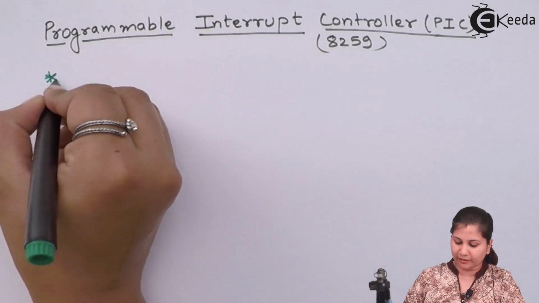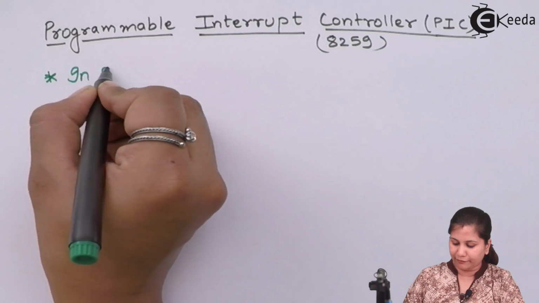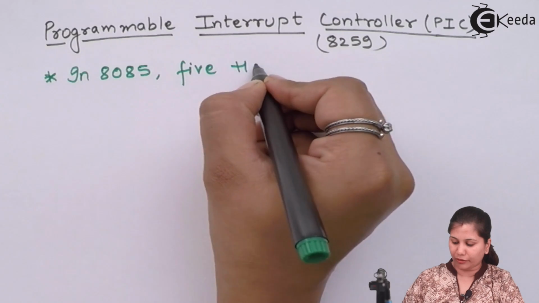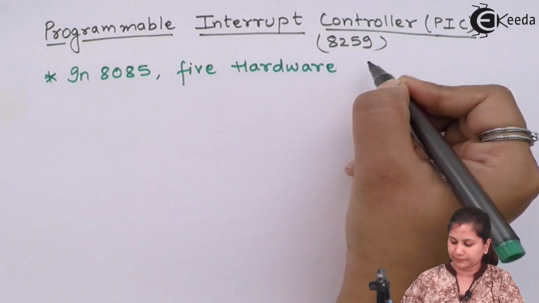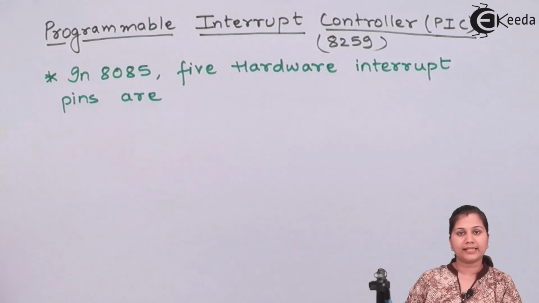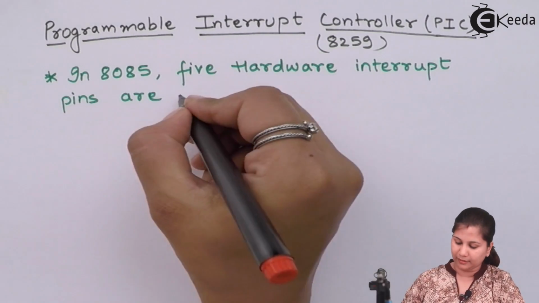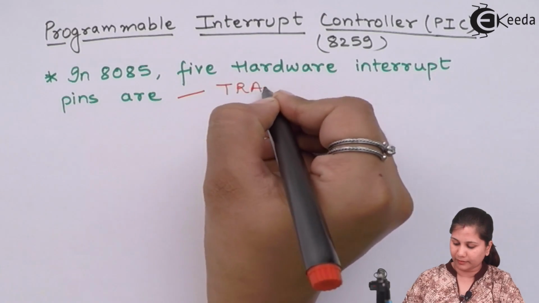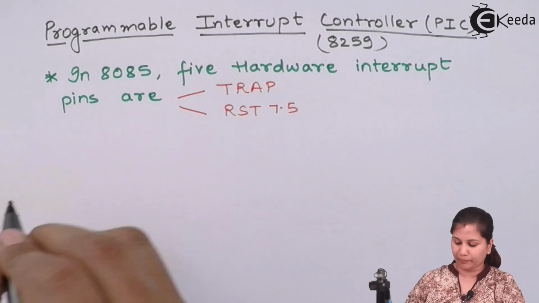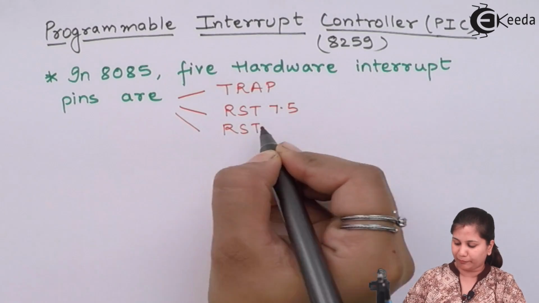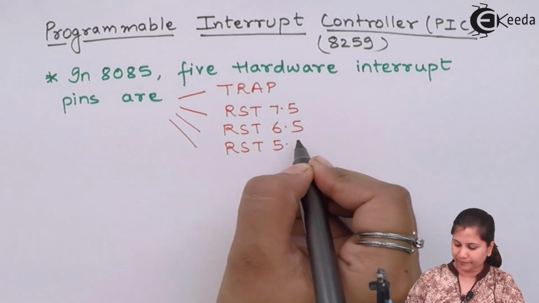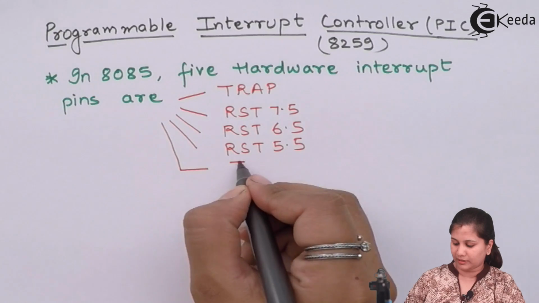So if we write here, in 8085 5 hardware interrupt pins are there, and these 5 hardware pins are trap, RST 7.5, 6.5 and 5.5, and we have INTR.